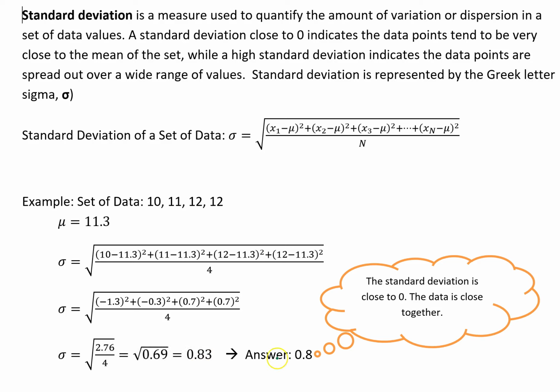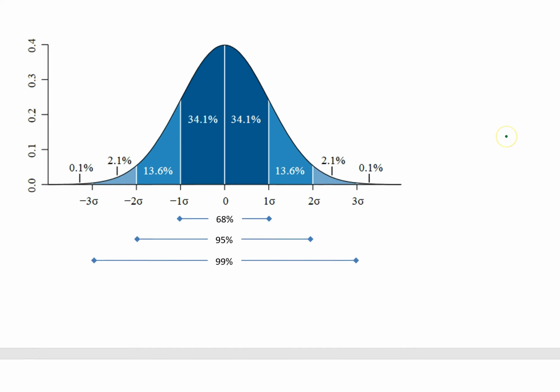And I rounded this to 0.8, as the data values were whole numbers and my standard deviation should be reported to 1 additional decimal place. So it was 0.8. Now this standard deviation is close to 0. It's not something like 15 or 20 or 200. So I know that my data values are close together.